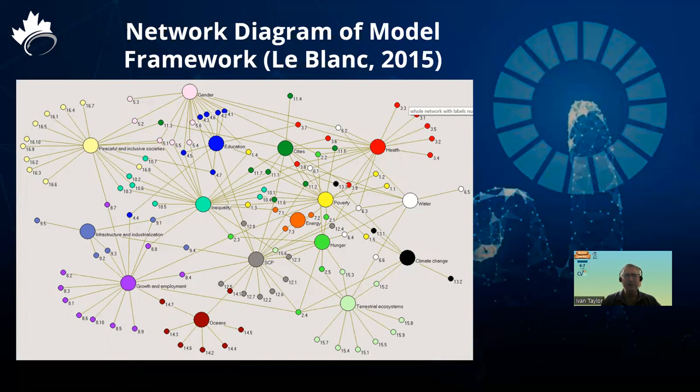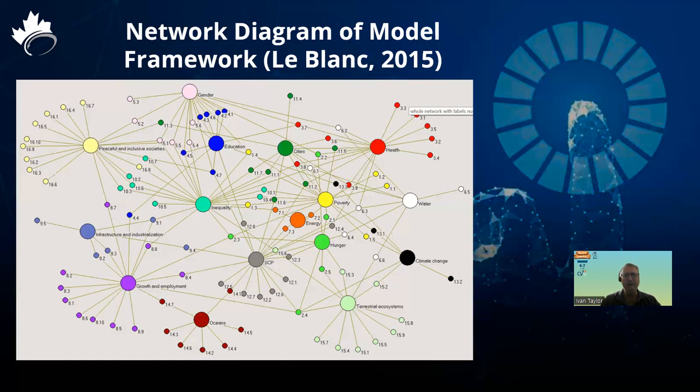One of the things that we can see here, for example, is that health and well-being is connected to poverty. The red circle of health and well-being is connected to the yellow circle of reduced poverty.